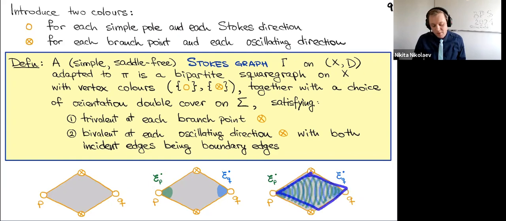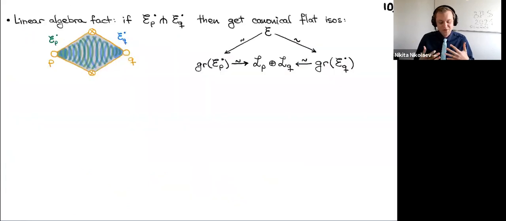So now over each diamond, I have exactly 2 filtrations on the same vector bundle. So probably the most natural thing to try to do is to intersect them. It's a matter of simple linear algebra: if you intersect 2 filtrations which are transverse, that gives you a canonical decomposition of your vector space or vector bundle.